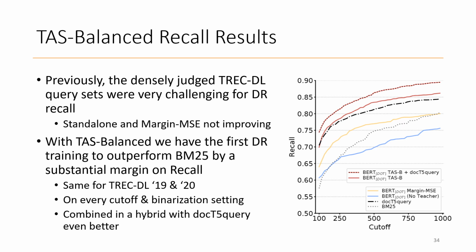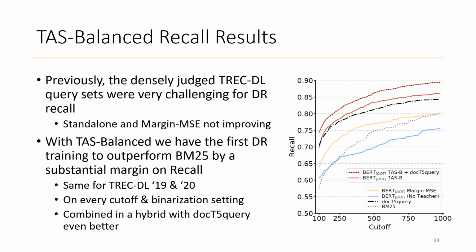So how many passages do we look at to compute the recall? If, for example, we want to use 500 passages in a re-ranking stage, how good would the recall be, which shows the maximum potential that the re-ranker could achieve at that point X?